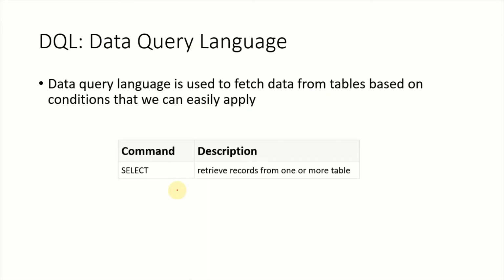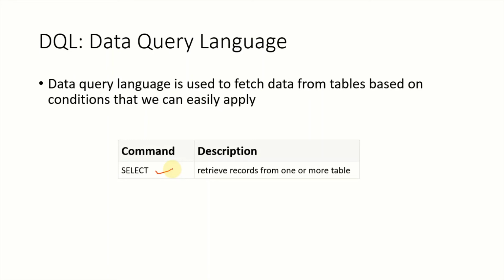Next we have data query language. This is very common and most frequently used. The select query is used to retrieve records from one or more tables stored in a database. Data query language is used to fetch data from tables based on conditions that we can easily apply.